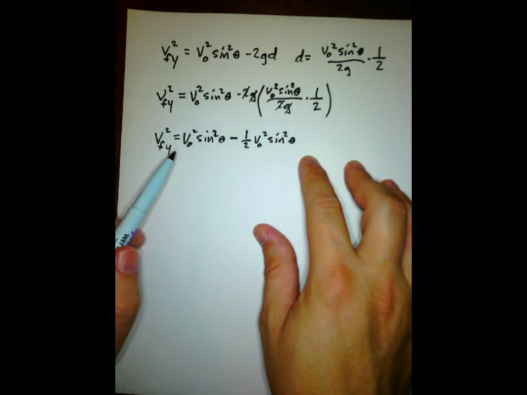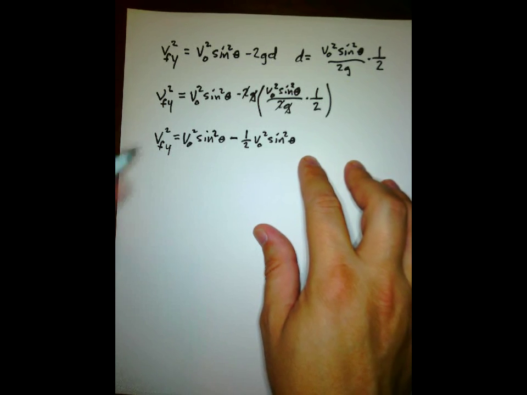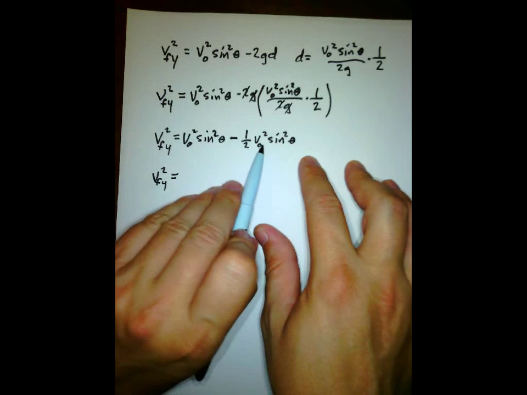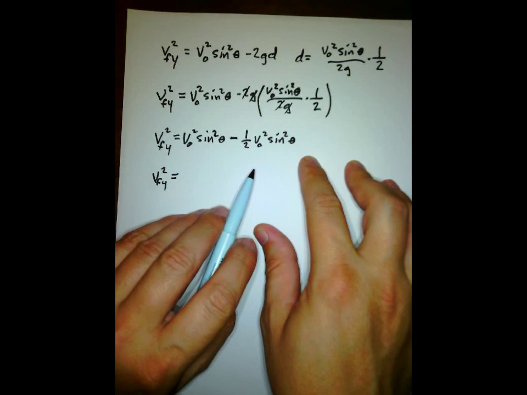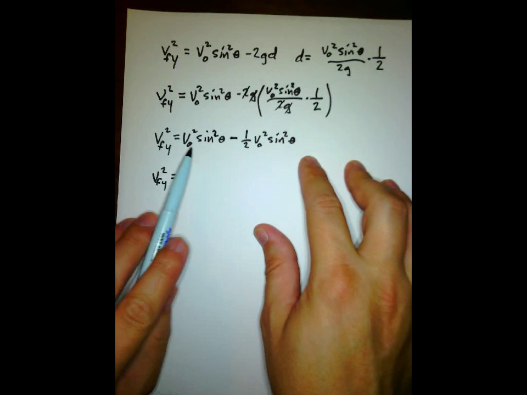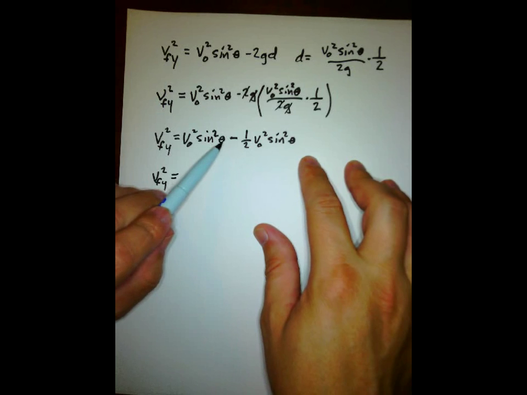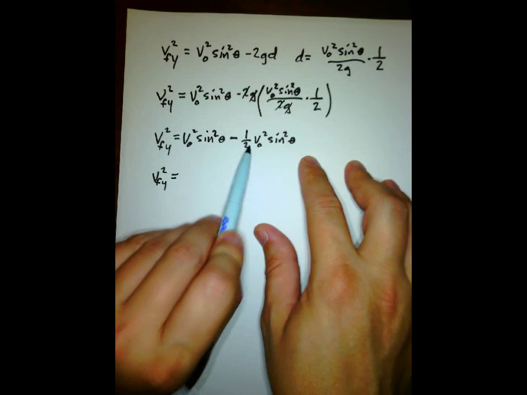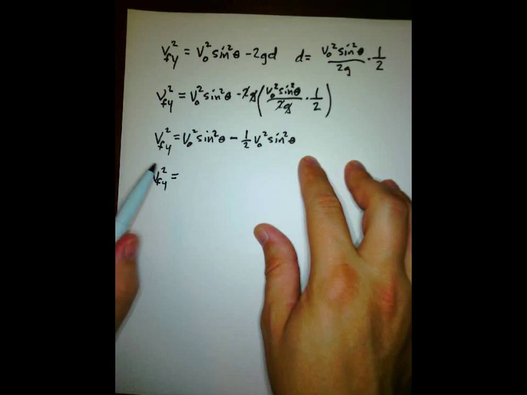So now I can manipulate this a little bit. I think the best thing to do is to factor out a v naught squared, and well, actually I don't even have to do that. Here I have 1 times v naught squared sine squared theta minus 1/2 v naught squared sine squared theta.